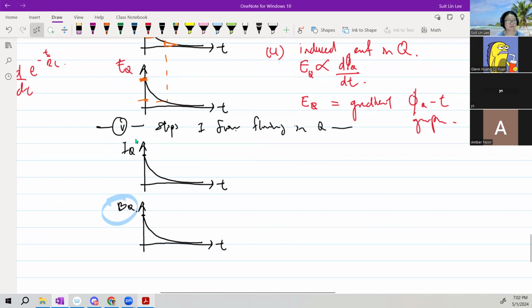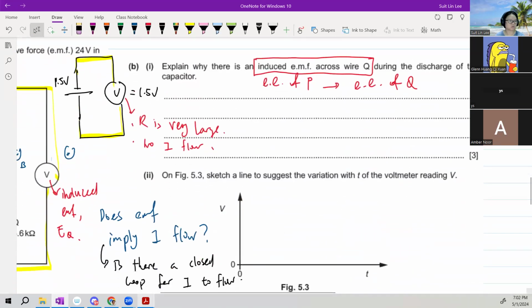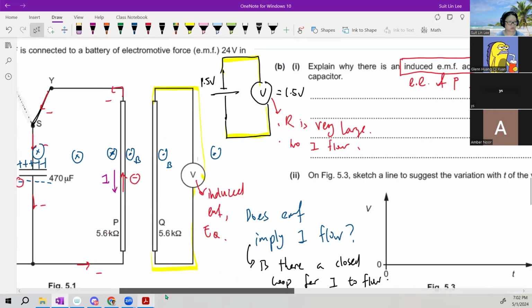If yes, let's say this was my P, and my current direction, what's the direction of my current again? Down.